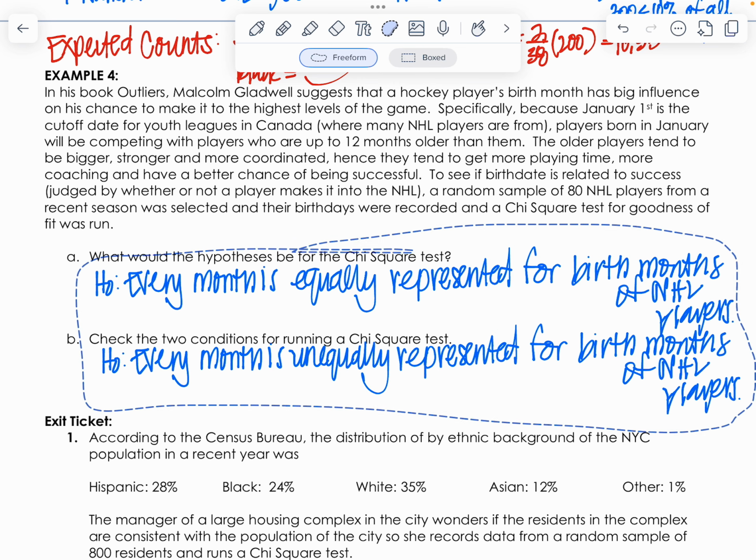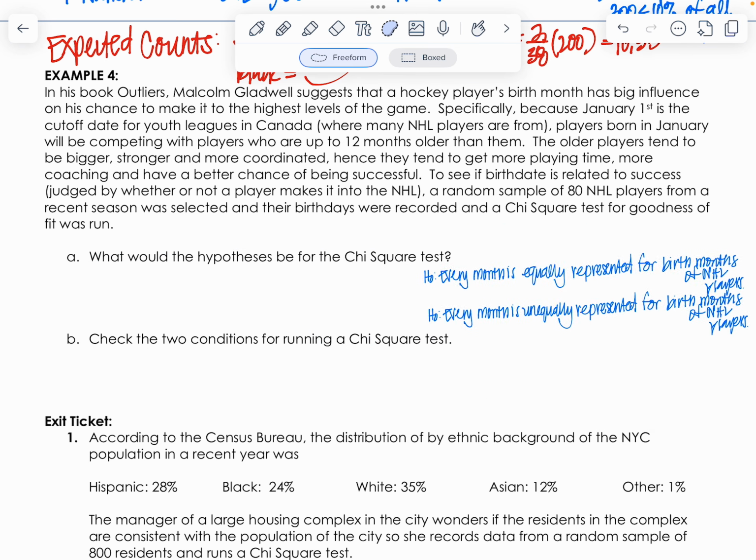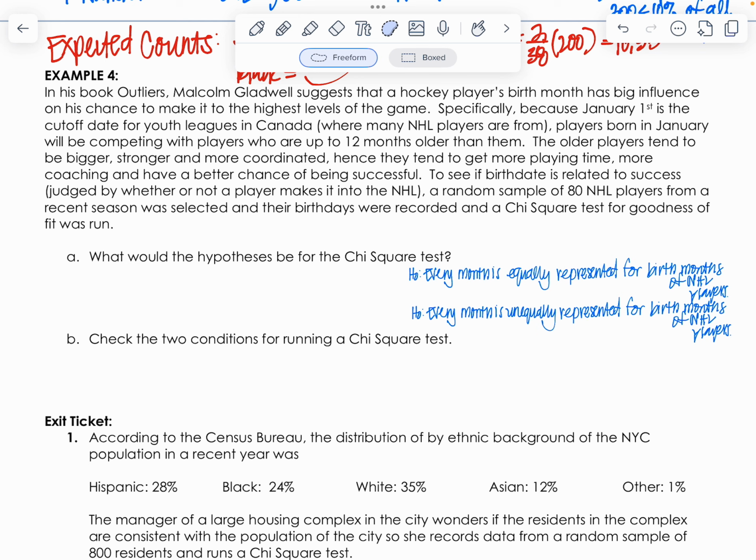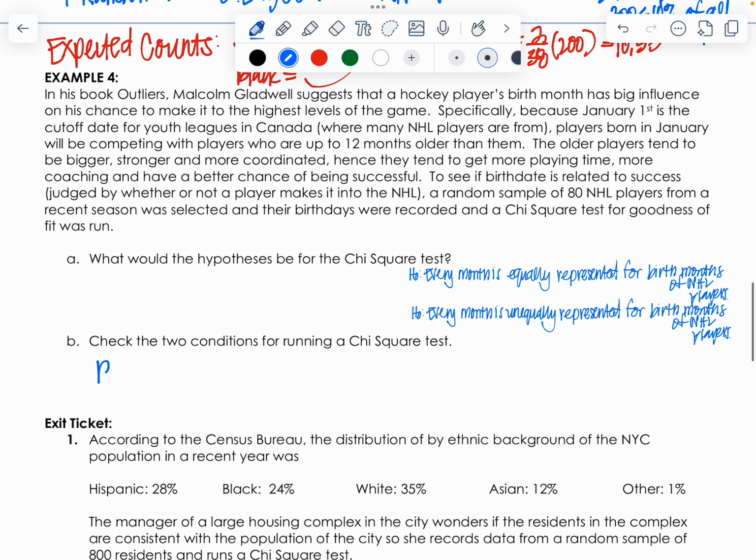So what that would be proving is that these months, some players, months are not equally represented, I guess. And so you've got a higher percent of players born in March than you do in other months, and so on and so forth. Our conditions here, random.